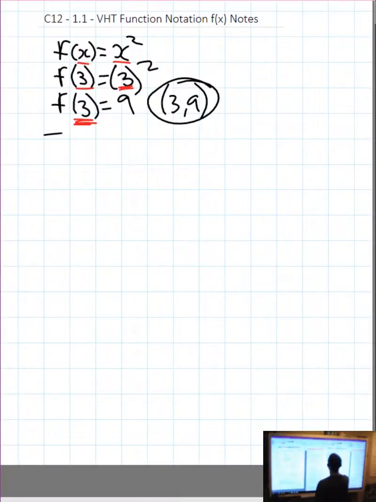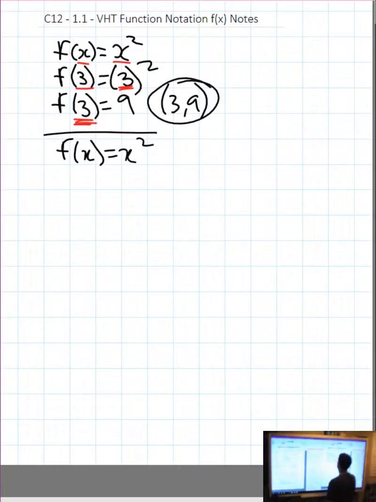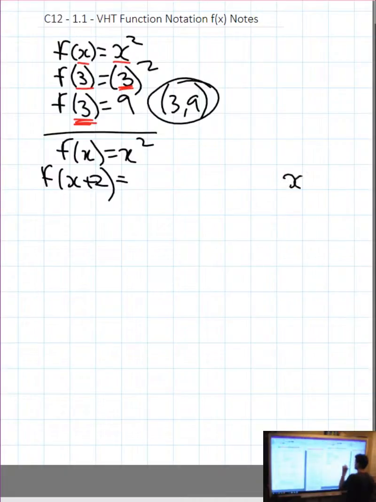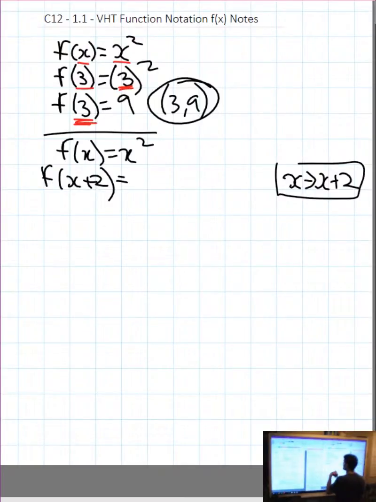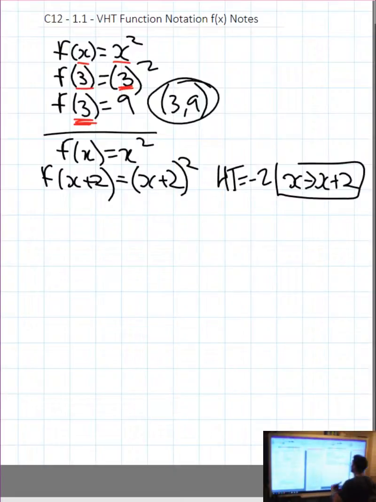So now let's take that same equation, f of x is equal to x squared, and I want to know what f of x plus 2 is. Well, we learned that if we substitute x plus 2 in for x, as in the theory in the last section, that is a horizontal translation equaling -2, the opposite.